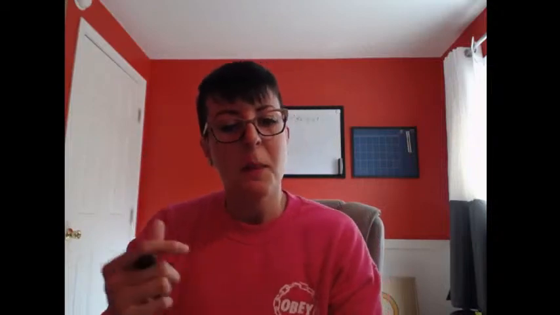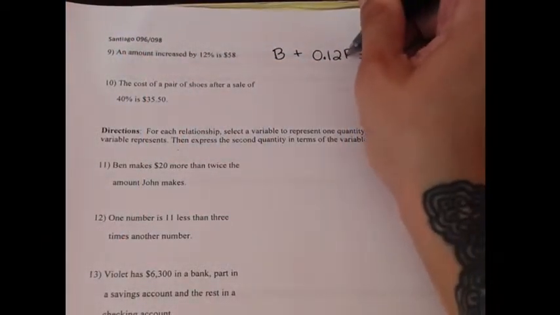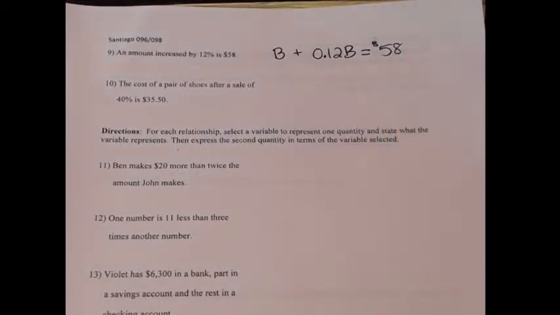But anyways, we need another variable next to the percentage because without it, you're saying it's being increased by 12 pennies, by 12 cents. I'm going to show you a real world example so that this clicks. But if you go back to your notes, you need to have a variable here. It needs to be the variable plus 12% of the variable equals 58 bucks. So let's look at a real world example just to play around with this.